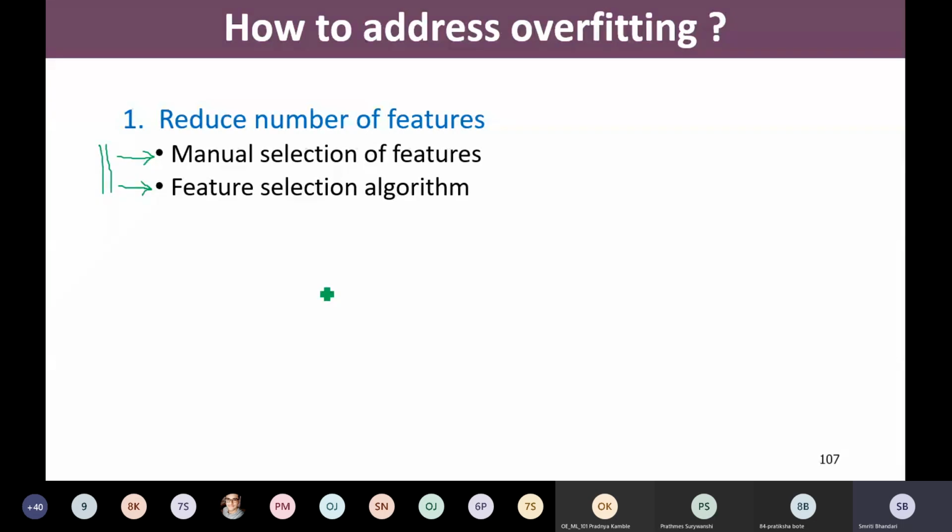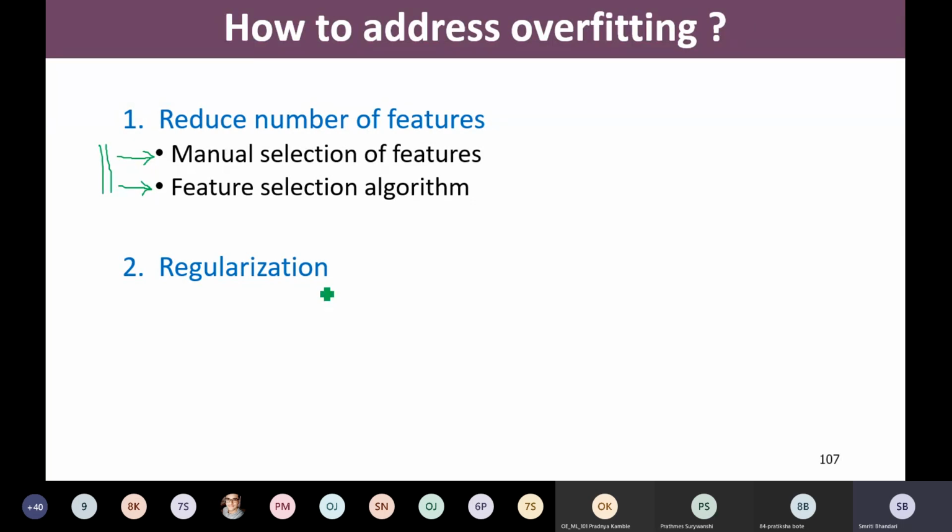So what next can we do? Is there any other solution? Obviously, yes. And that solution is known as regularization. So what do we mean by regularization?